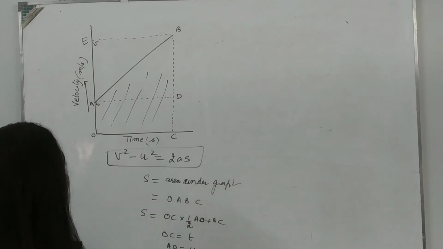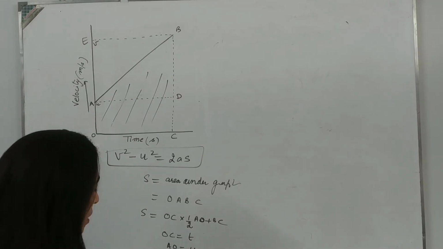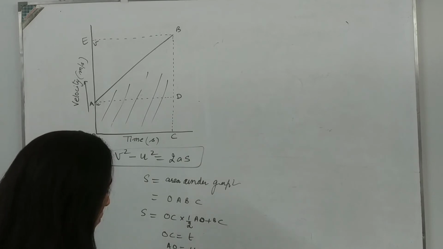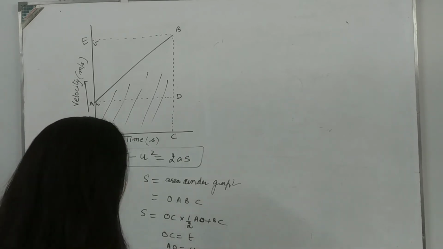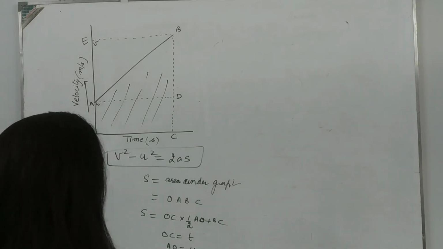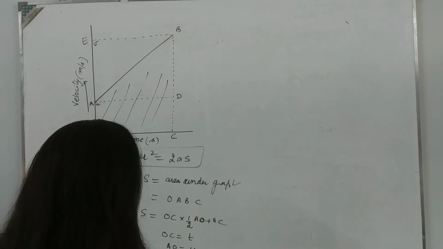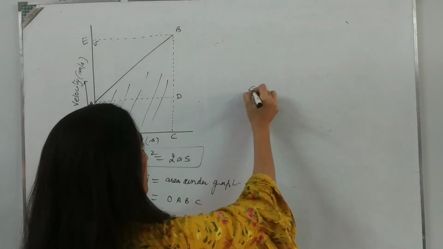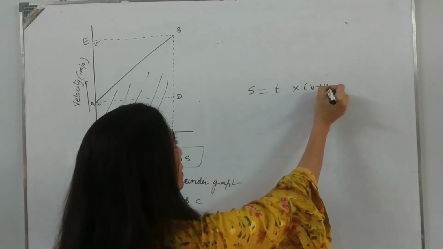OC is equal to T upon 2 into AO, which is U, plus BC, which is equal to V. So S is equal to T into V plus U upon 2.